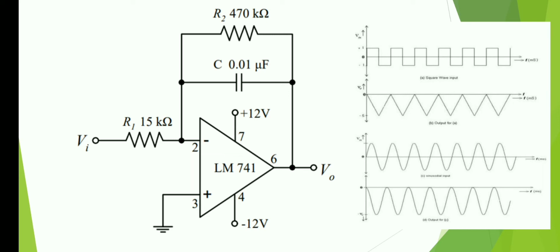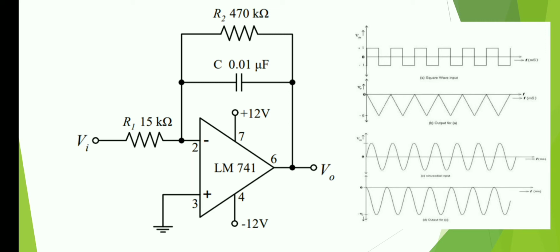Here, one extra resistor R2 is connected in parallel with the capacitor C in the feedback path. The use of this additional resistor is to protect the circuit from instability.